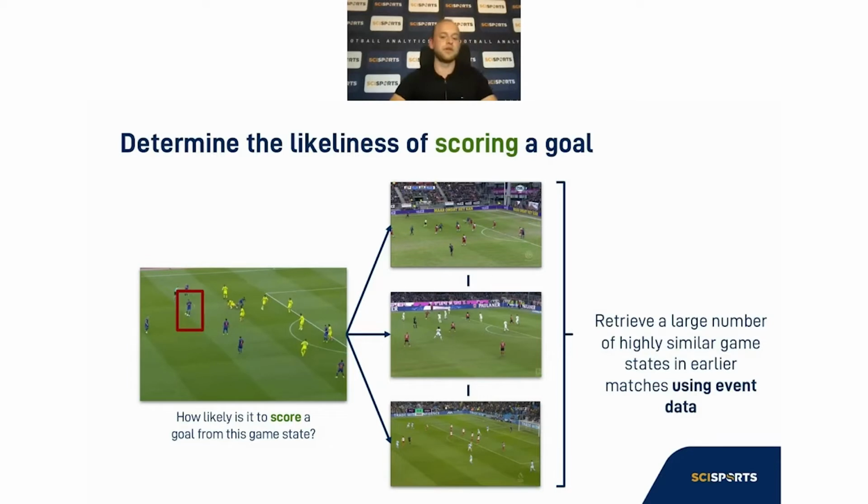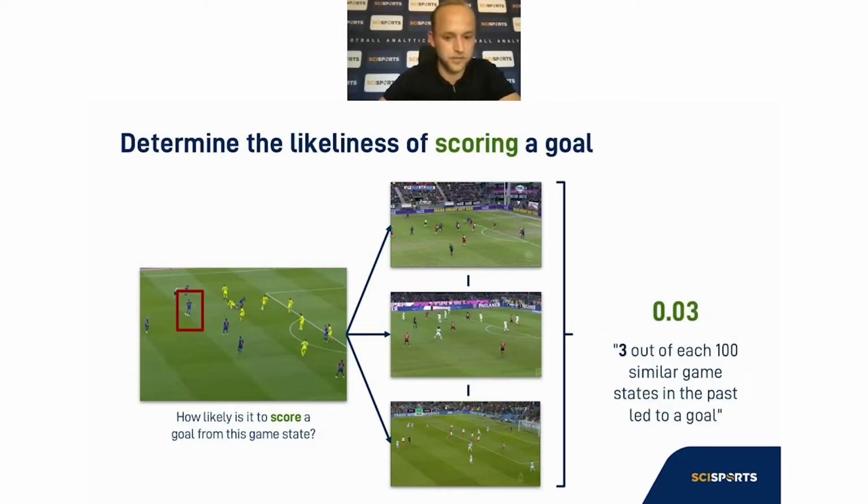So the machine learning model has seen what did happen in those three moments before, and so it could predict the value of Busquets' pass. In this case, it's valued at 0.03, which means 3 out of 100 similar game states in the past have led to a goal.